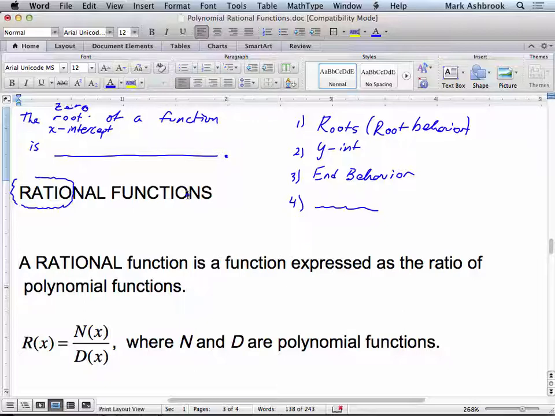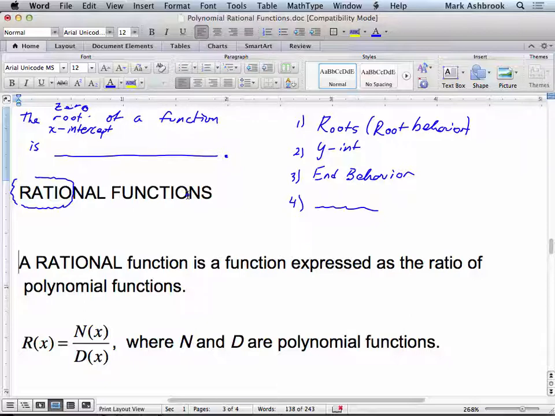Okay, let's see. So Hamid wants to try. What do you think? It's the number that if we plug it in, we will get 0 for the function. He said the number that when we plug it in, we'll get 0 for the function. What do you think? Taz likes it. Christian likes it.